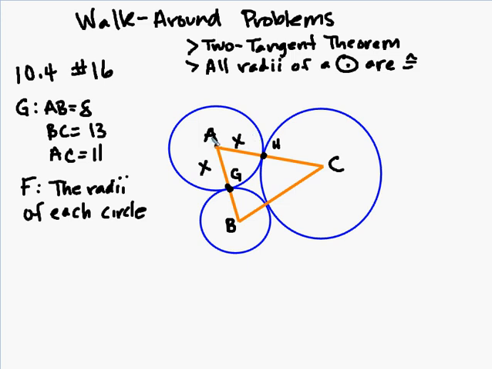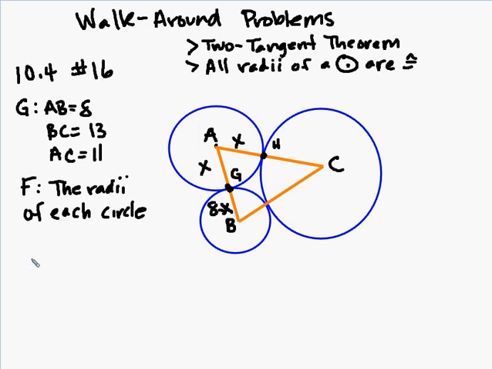Now, if AG is x and AH is x, and AB is 8, then I know that GB is going to be 8, which is AB, minus GA. So this value from G to B is going to be 8 minus x.